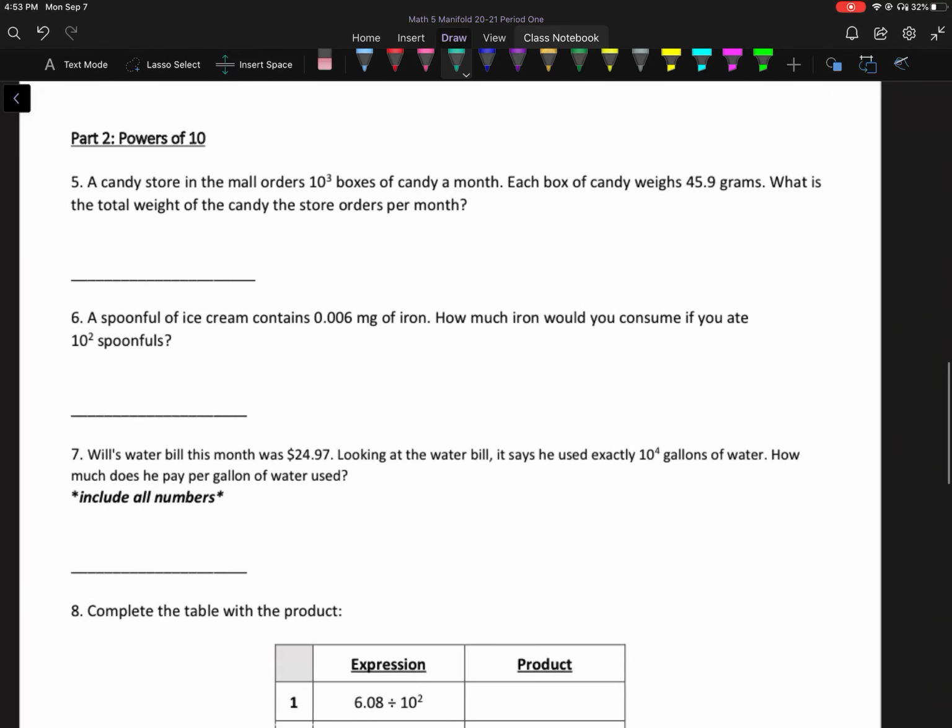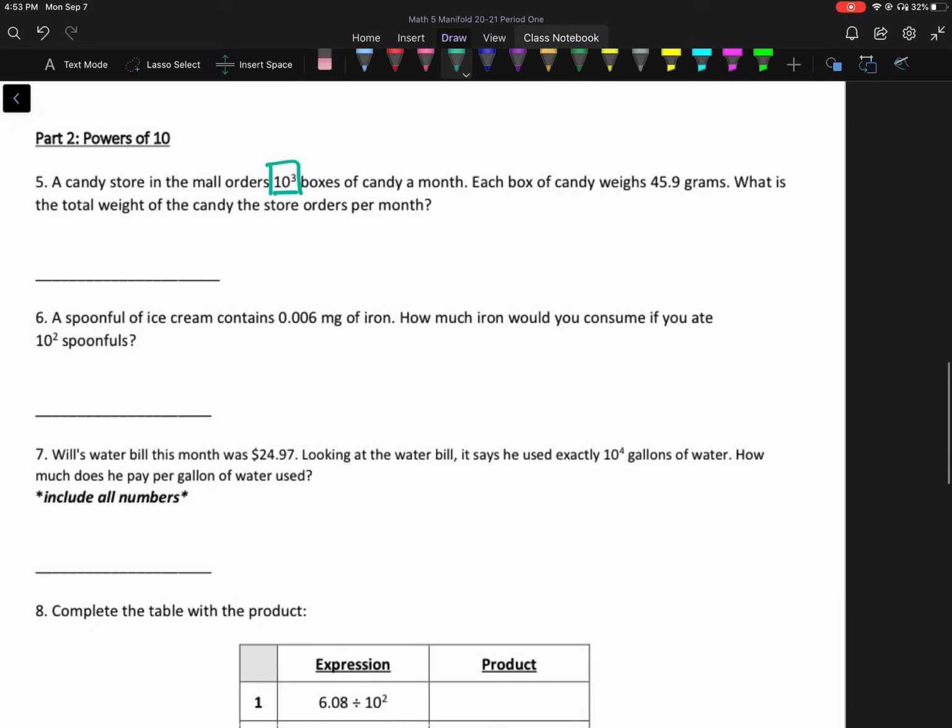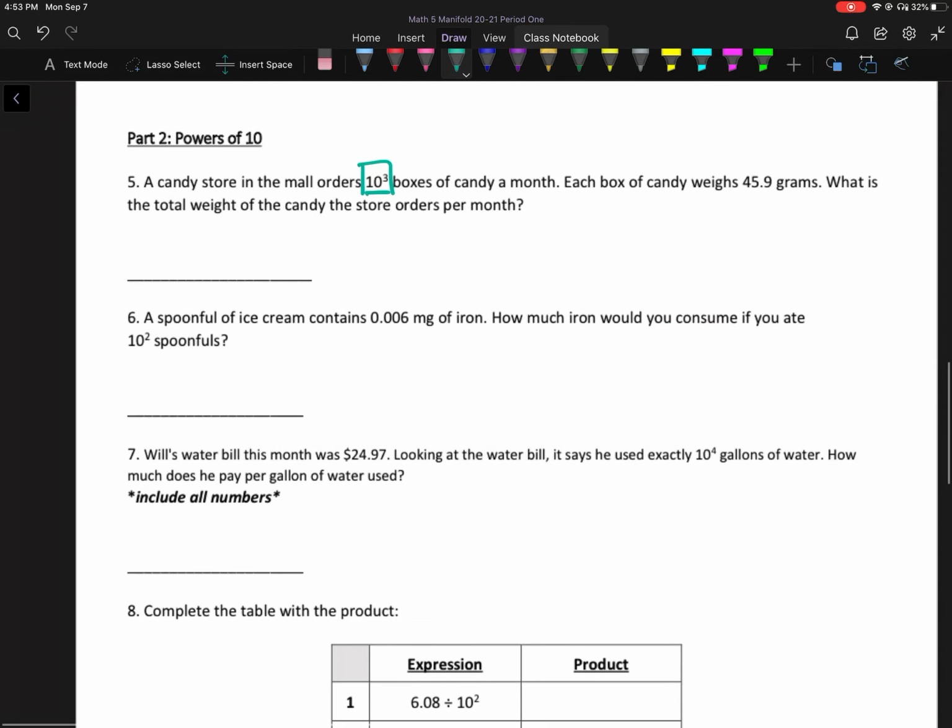So here's with our powers of 10. Things I need to pay attention to: we are looking at 10 to the third boxes, and each box represents 45 and 9/10 grams. So I need to take 45 and 9/10 grams and multiply it by 10 to the third power.